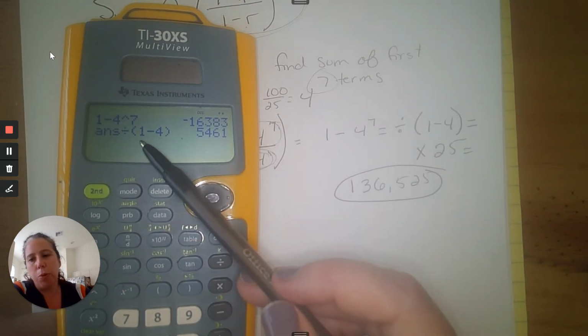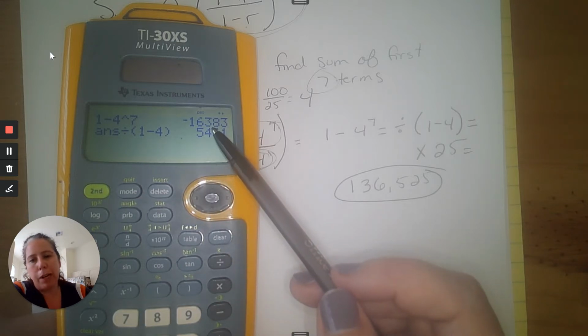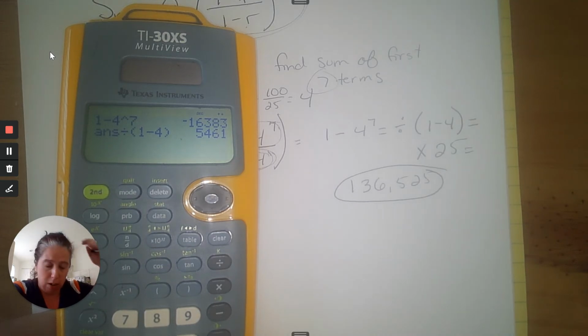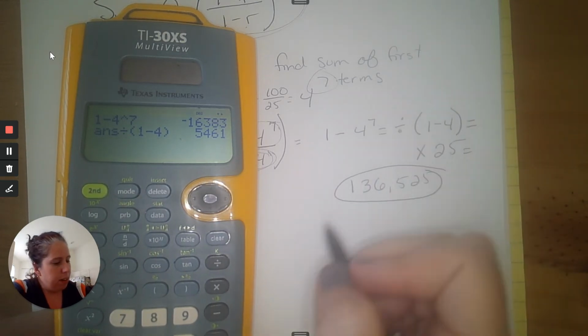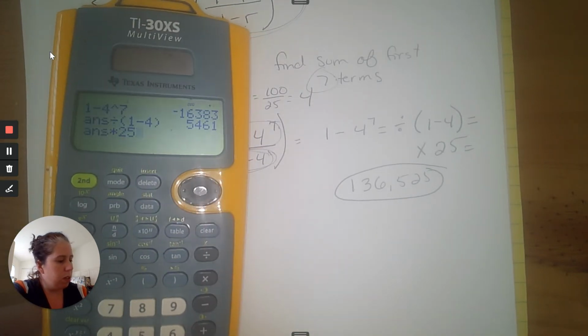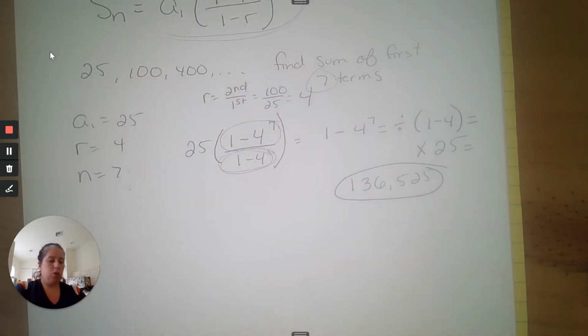It's going to divide your answer by 1 and then it's going to subtract 4. So it's going to divide this by negative 16,479. You don't want to do that. Okay. Hit equals, and then you're going to times it by the outside number, which was 25, and I get the same answer. Okay, so make sure you guys do that. Okay, so again, it's the same on your cell phone too, so be careful.